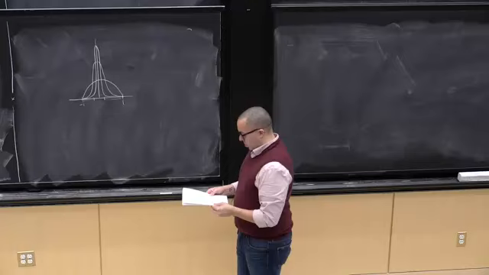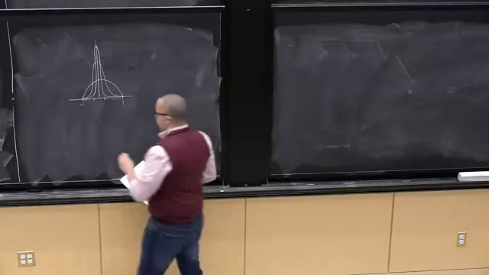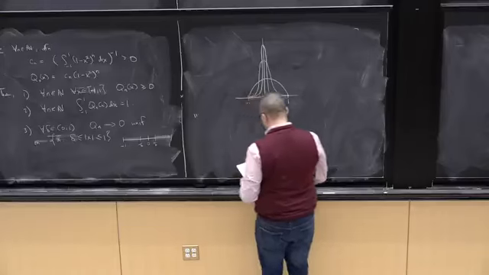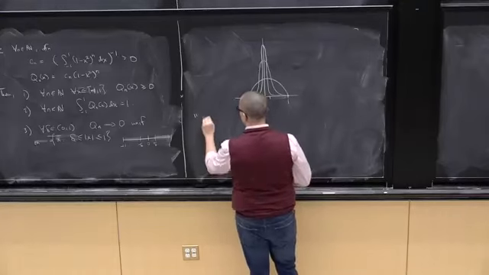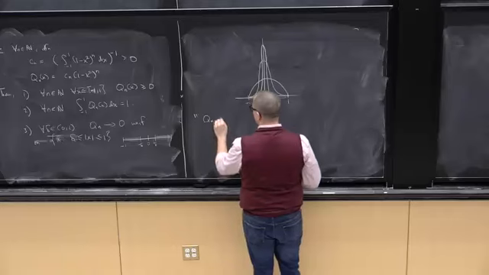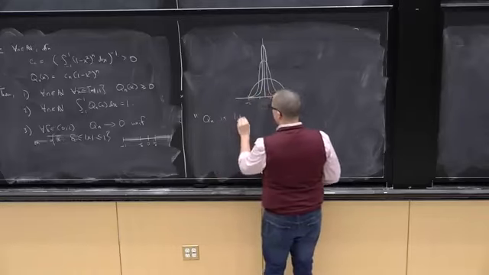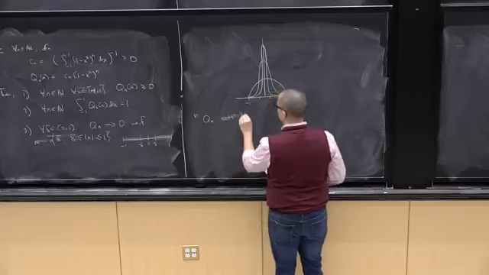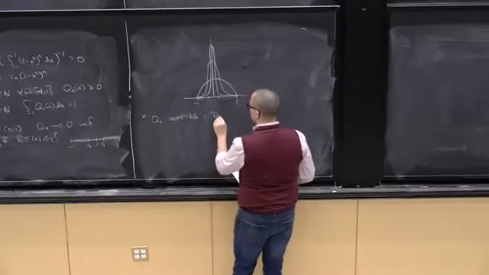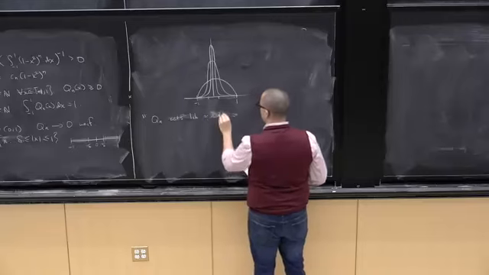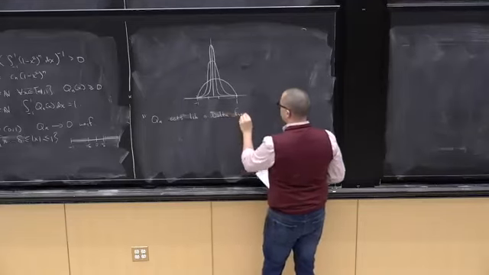Okay, so let me reemphasize that, and this is in quotes, you should think of q sub n as acting like a delta function.